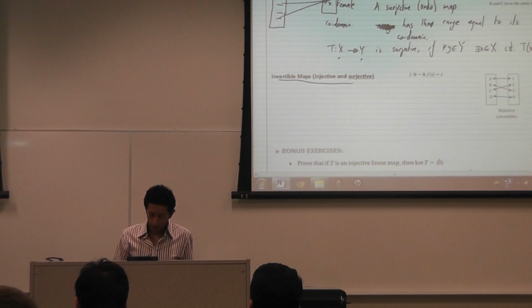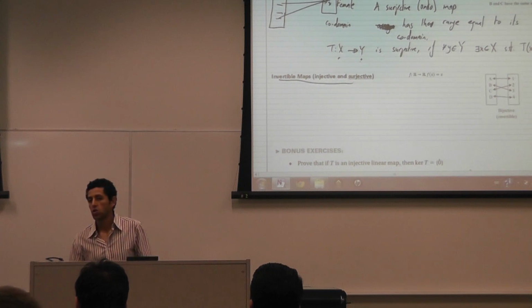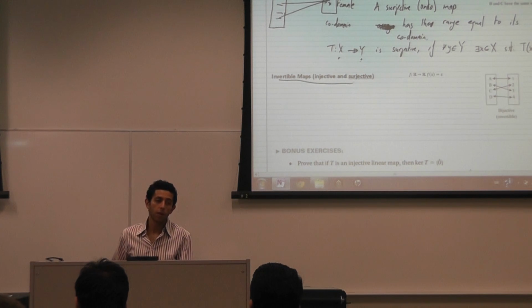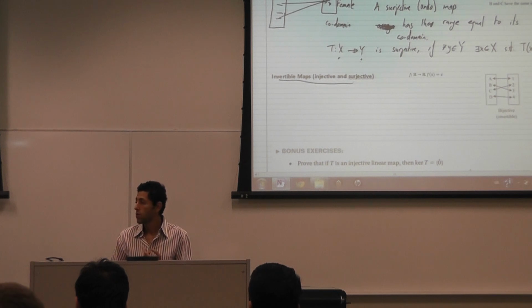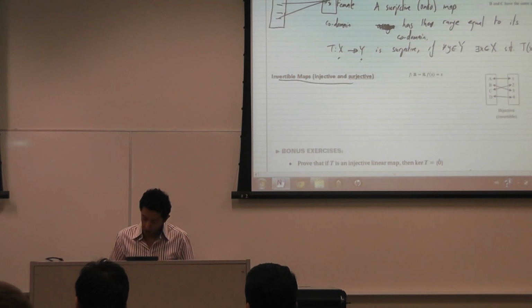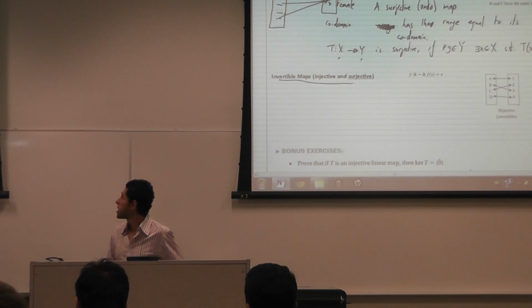An invertible map is both injective and surjective. So to find a map that you can invert, by definition, the only map that I can invert has to be both injective, assigns unique values to my original vectors, and surjective, it covers all my codomain. So this map, as you can see, is bijective.